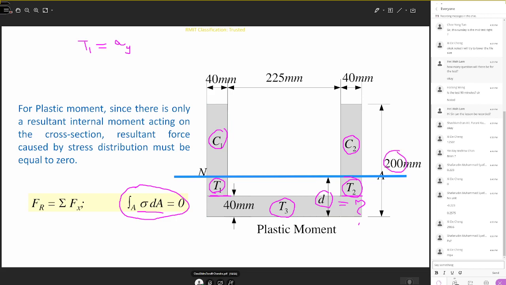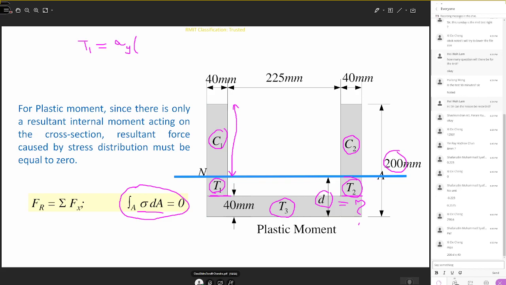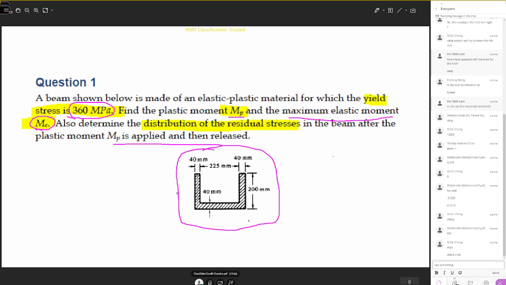So what will be this height? How much can you write, guys, here? Sigma Y multiplied by, so this is 40 mm, 200 minus D into 40. Let me check what the dimensions are. Yeah, this is given as 200.